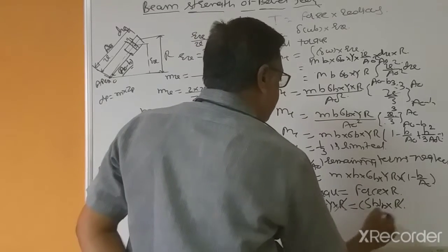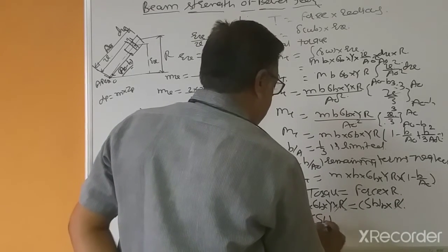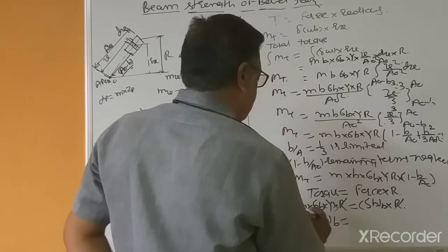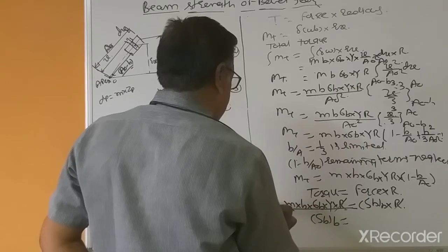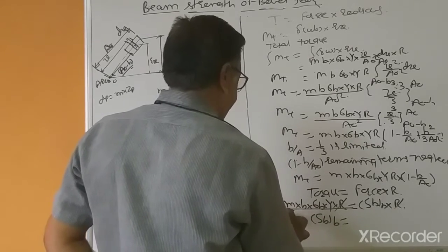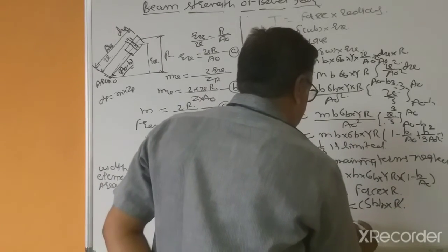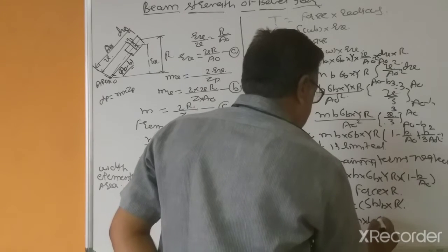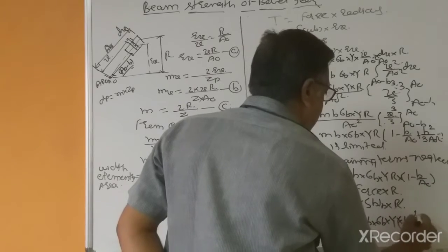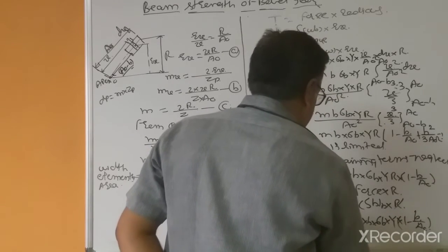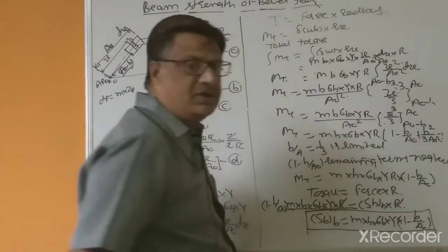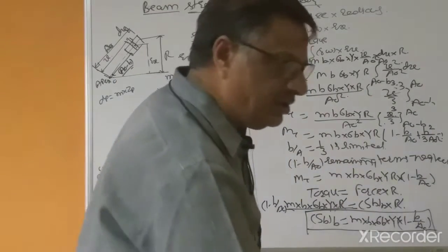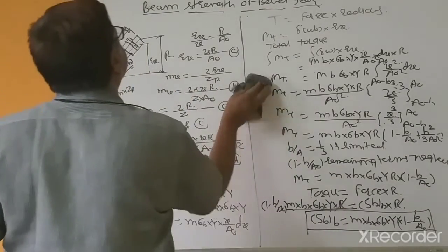So this r will get cancelled, and the beam strength of the bevel gears is multiplied by 1 minus b a0. So m into b into sigma b into y multiplied by 1 minus b a0. So this is the beam strength equation.